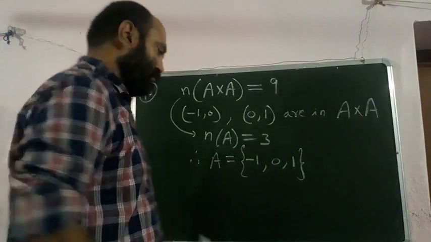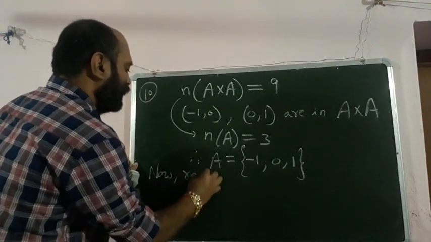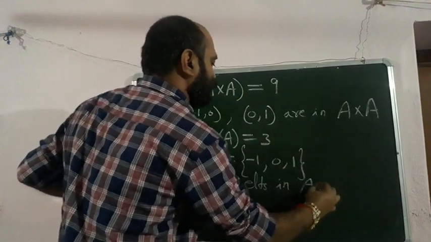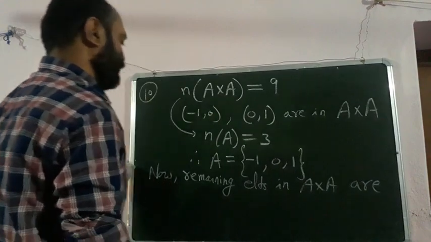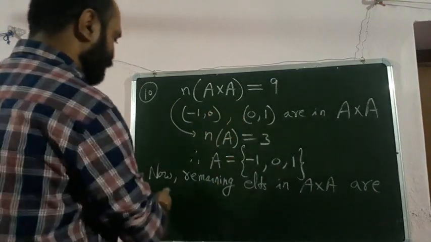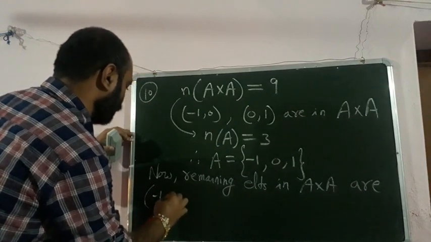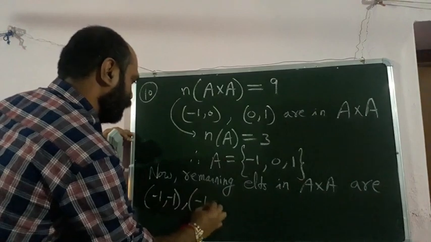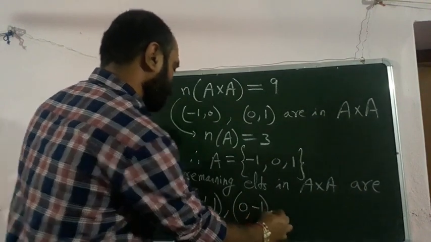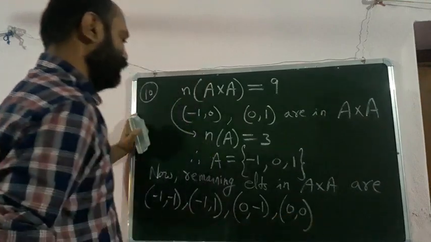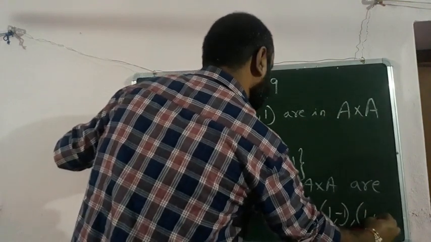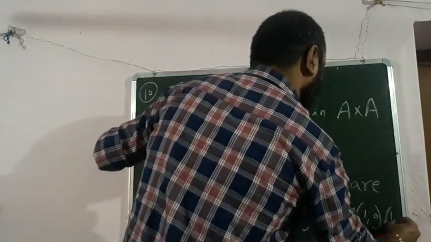ठीक है जी. अब now remaining elements in A cross A are कौन कौन से हैं, देखिए ध्यान से. (-1, 0) आपके पास है, (0, 1) है, बाकी कितने रह गए 7 पेयर्स. वो 7 पेयर्स आपने रिमेनिंग यहाँ पे लिखने. पहला पेयर आपके पास बनेगा (-1, -1). दूसरा आपके पास बनेगा (-1, 1). जो रिमेनिंग है वो देखने हैं हमने. तीसरा बनेगा (0, -1), then it is (0, 0), right, and next is (1, -1), (1, 0), and (1, 1).